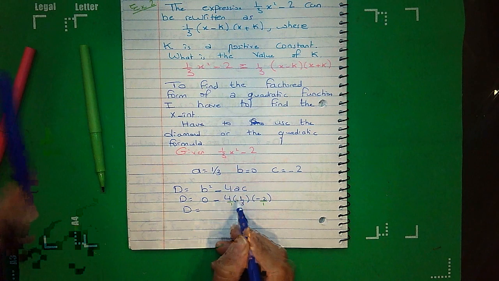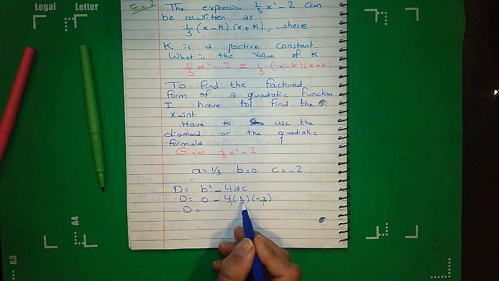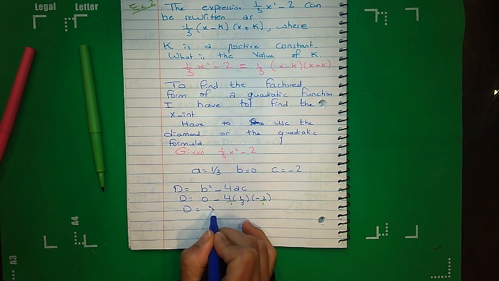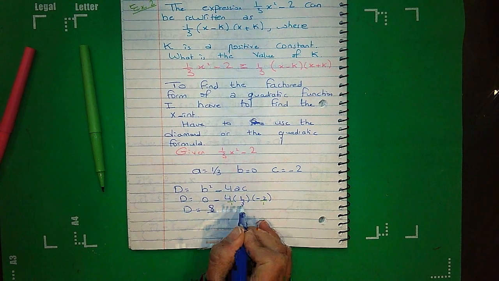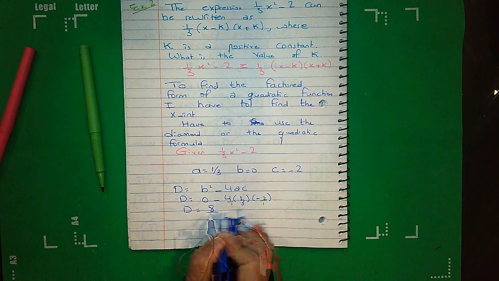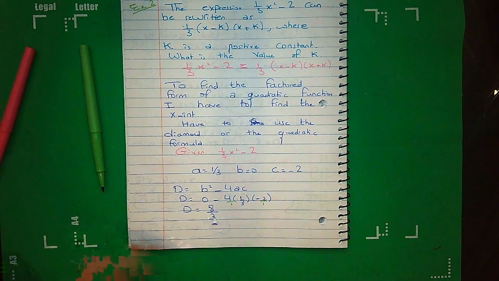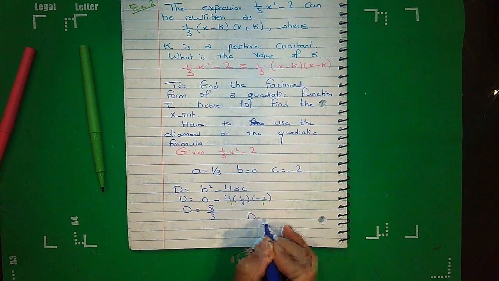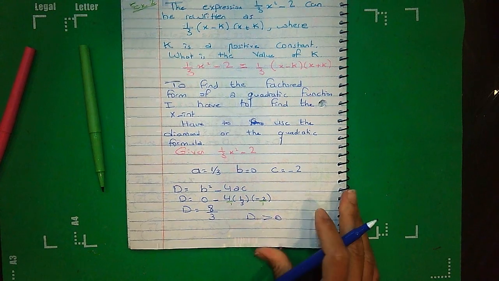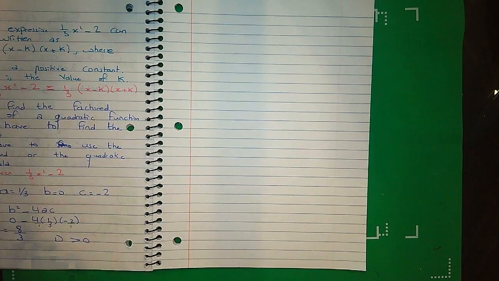Negative 4 times 1, negative 4 times negative 2, that would be 8, over 1 times 3, which is 3. So the discriminant is 8 over 3, which is greater than 0. Okay, so we know that we have two solutions.